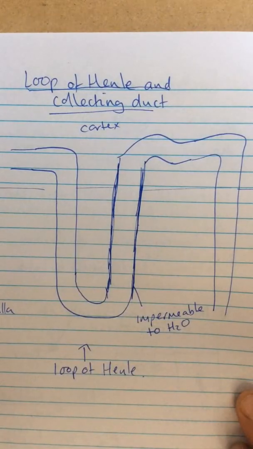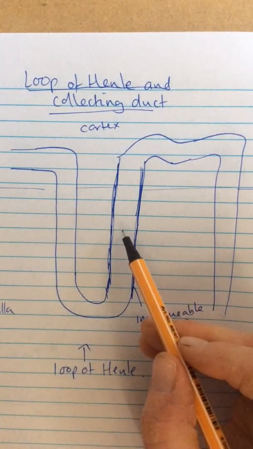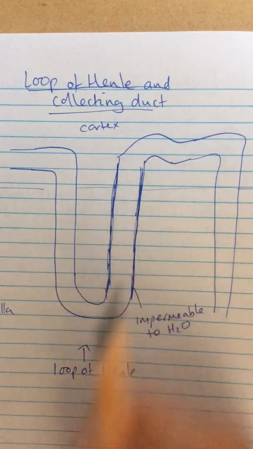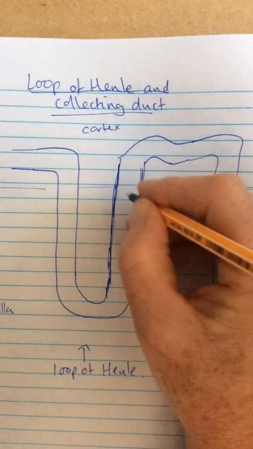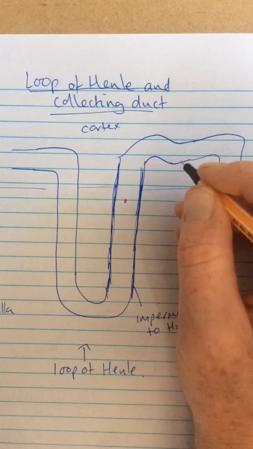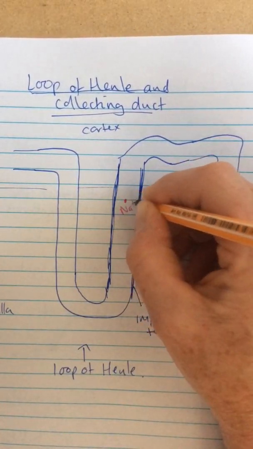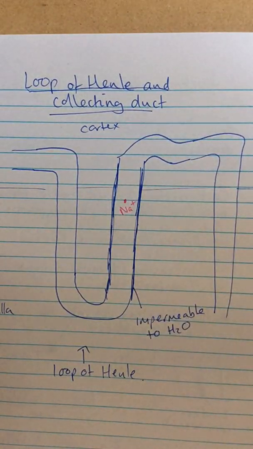So what's happening? It's quite often easier to explain it starting backwards, really, with the ascending limb. If I do ions, and just for argument's sake, we're only going to talk about sodium ions, just because it's easier, but actually it's chloride ions as well, and some other ions.